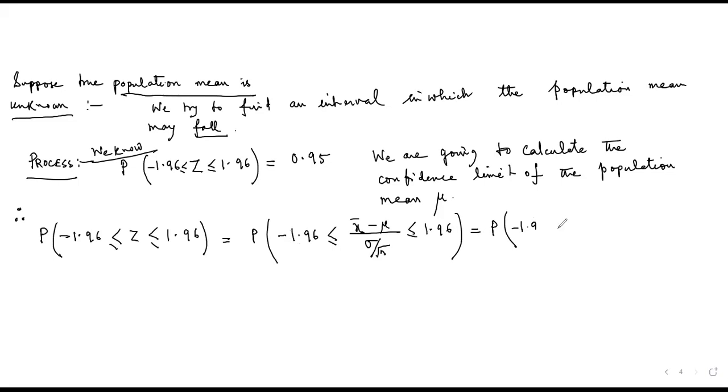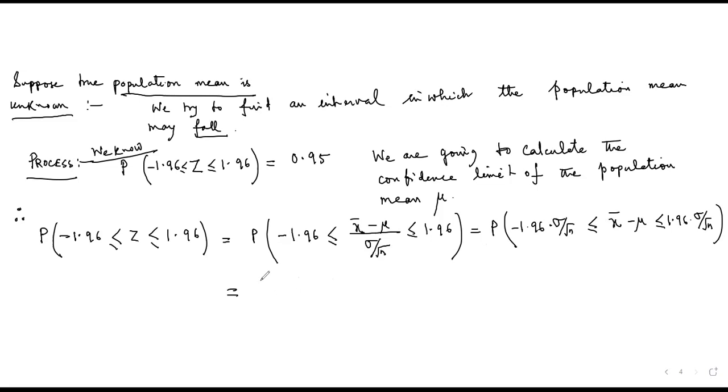So from there we get minus 1.96 multiplied by sigma by root n less than or equal to x bar minus mu less than or equal to 1.96 into sigma by root n. Now we want to get the confidence limit for mu, so we are going to multiply all the sides by -1.